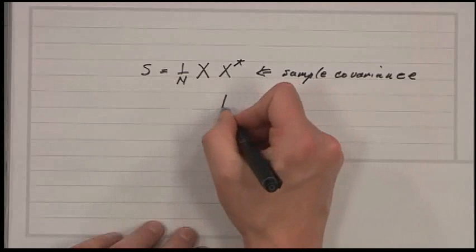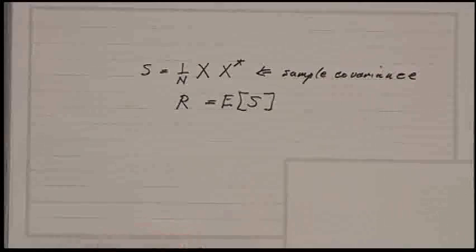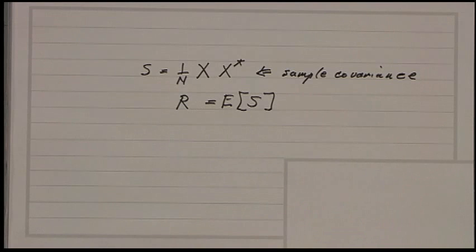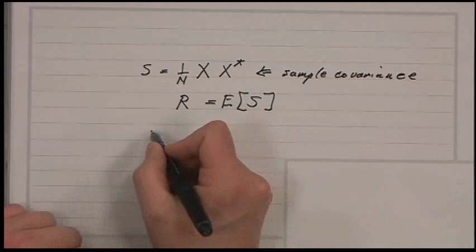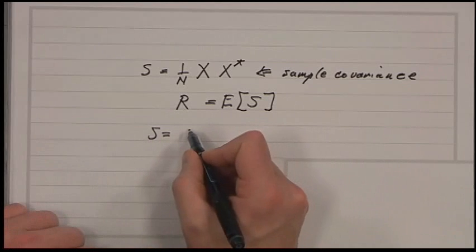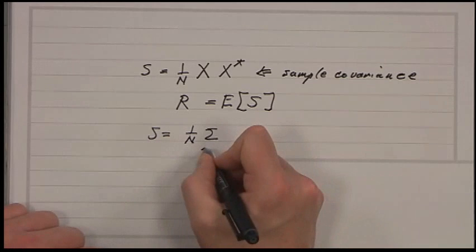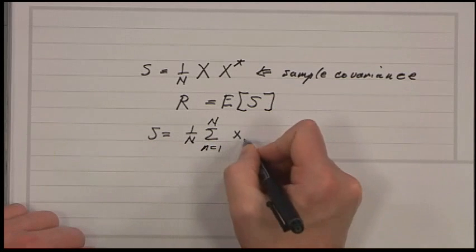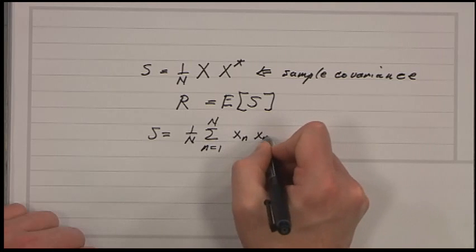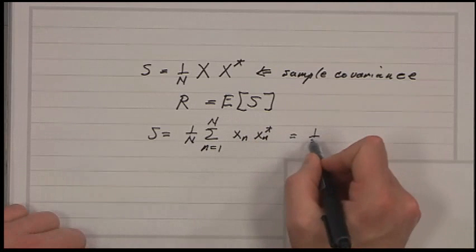Now, it has the particular property that the expected value of S is equal to R. I'll let you show that. But basically, one way of looking at this is that S is really the same as 1 over N times the sum from n equals 1 to N of Xn Xn transpose.